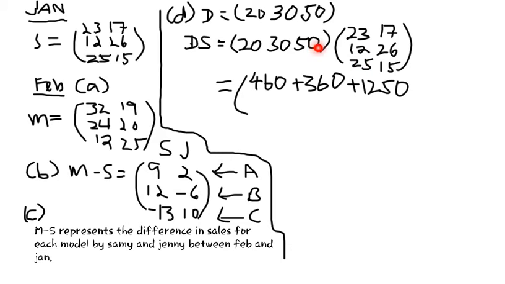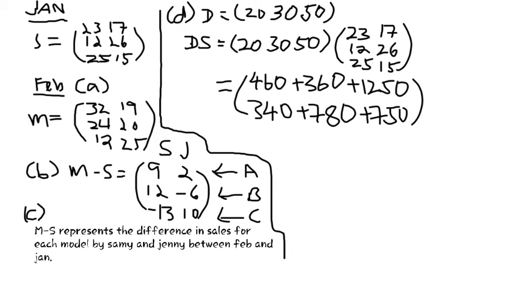Now I match this row to this column, and then I have 20 times 17, which is 340, plus 30 times 26, which is 780, plus 50 times 15, which is 750.